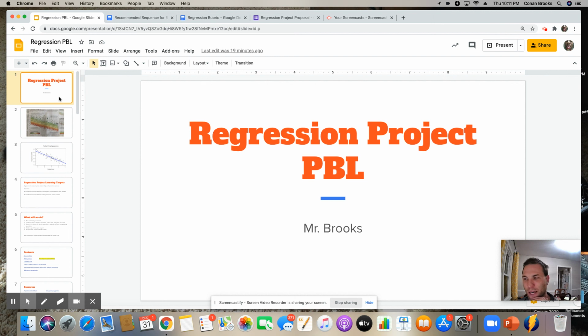You're going to make a scatter plot graph and then draw the line of best fit. And the best way to do that is Google Sheets. Then you are going to tell me what you find in a report, and then you are going to create a Google Slides and present. And then we are done.